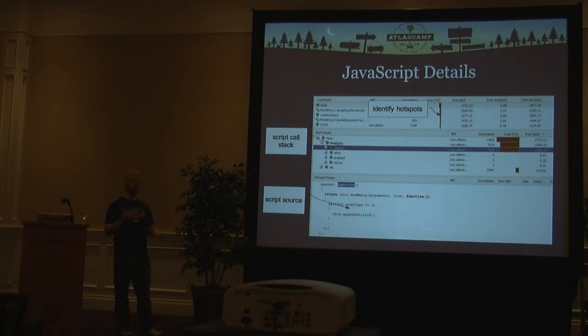And you can really get down into the methods and see how long these particular calls took. You can see the call stack again, how you got to that method. Again, maybe you've been using it from 20 different places. And you can see which part of the script, which function, is actually running slow.